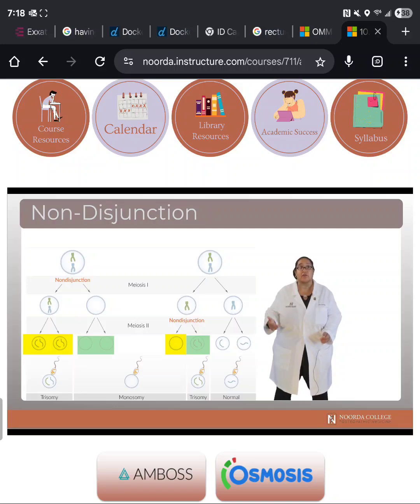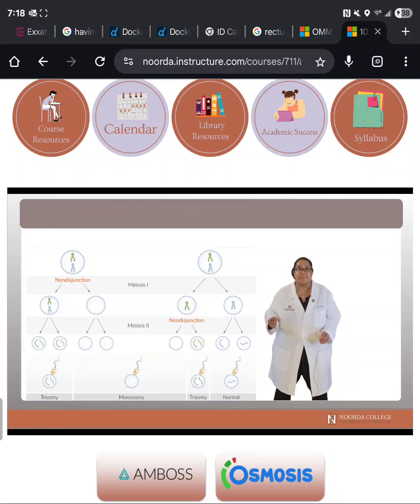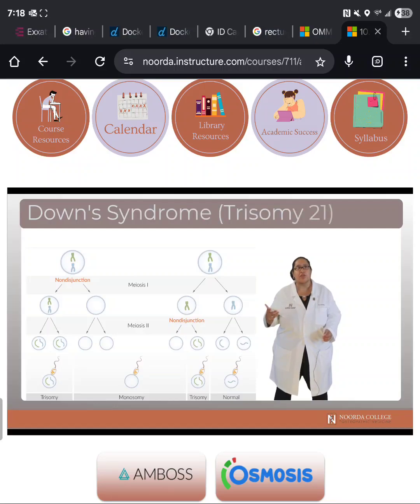If a gamete with 24 chromosomes combines with a normal gamete with 23 chromosomes, you will have an extra set of chromosomes. This is called a trisomy. And you would think that if 2 is good, 3 is better, but it's not. The most well-known trisomy is trisomy 21, or Down syndrome.